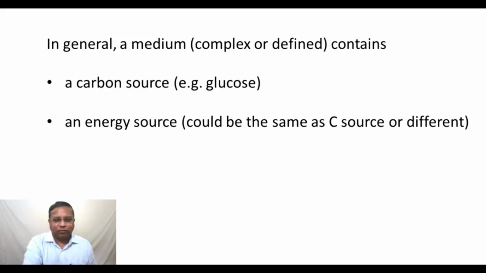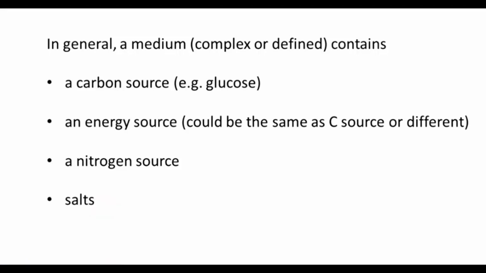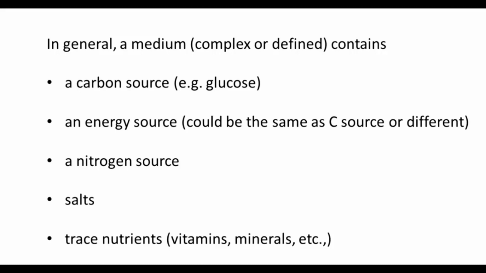Glutamine is sometimes the energy source for mammalian cells, and so on. A nitrogen source, because cells require nitrogen, carbon, oxygen, hydrogen, phosphorus, and so on, which are the essential elements that are present in living systems, in cells. The medium contains salts. The medium could contain trace nutrients such as vitamins, minerals, and so on. So this is what a medium in general contains.